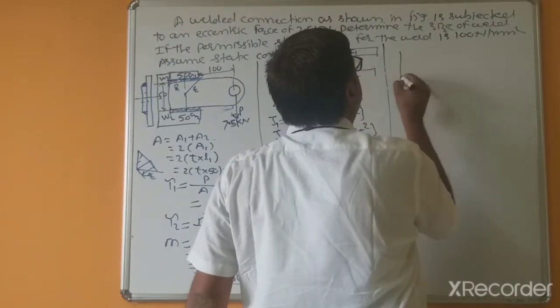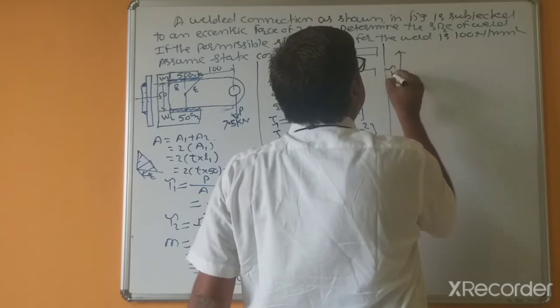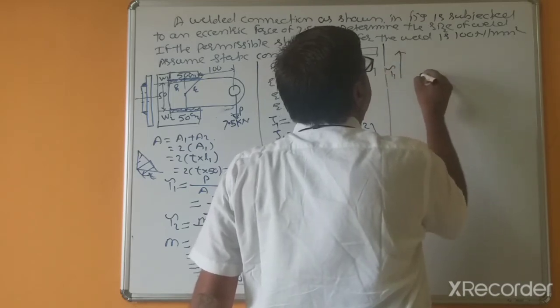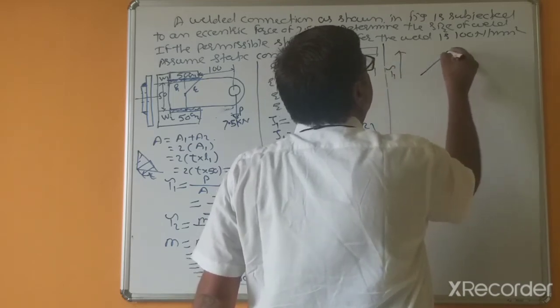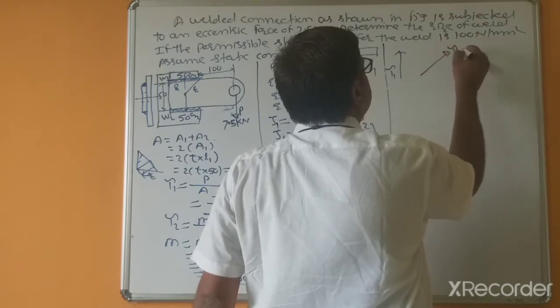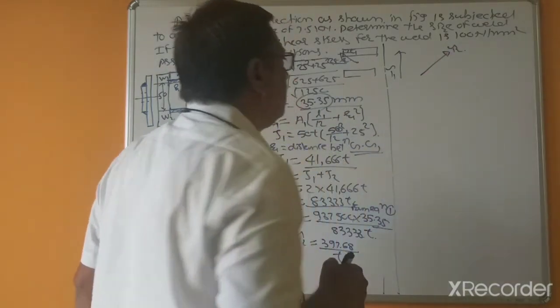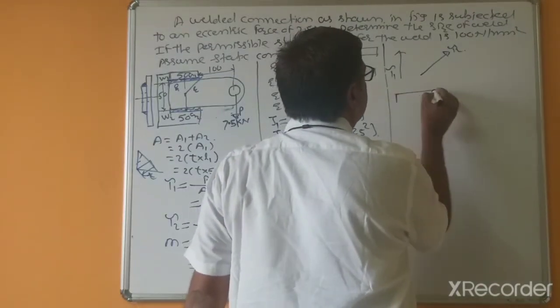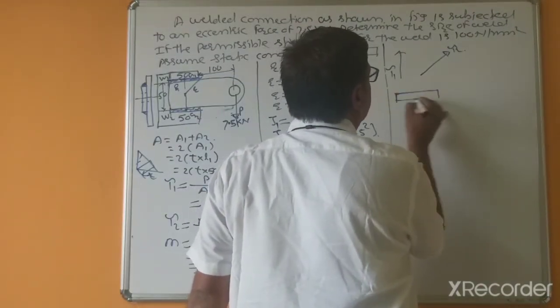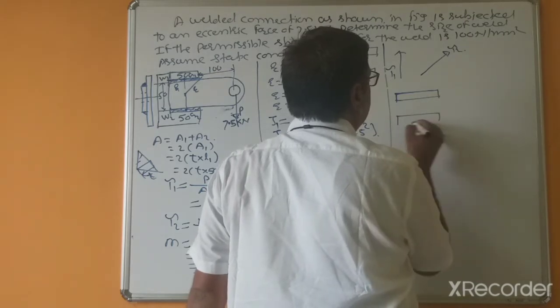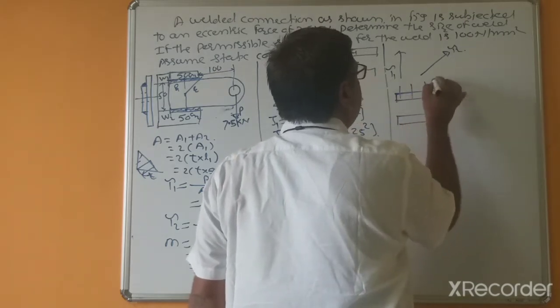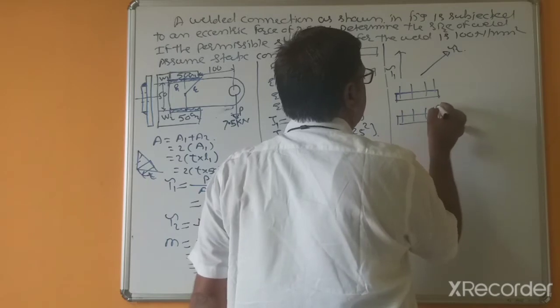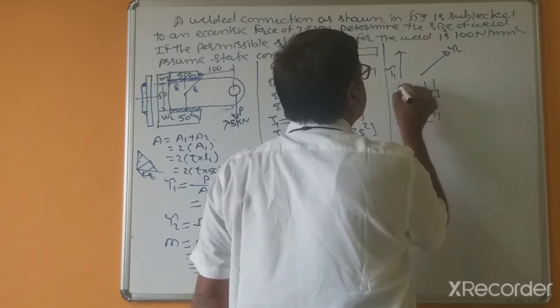Now I have to draw the vector diagram. This is tau1 and this is tau2. Try to understand why this is tau2, because tau1 is the primary shear stress.